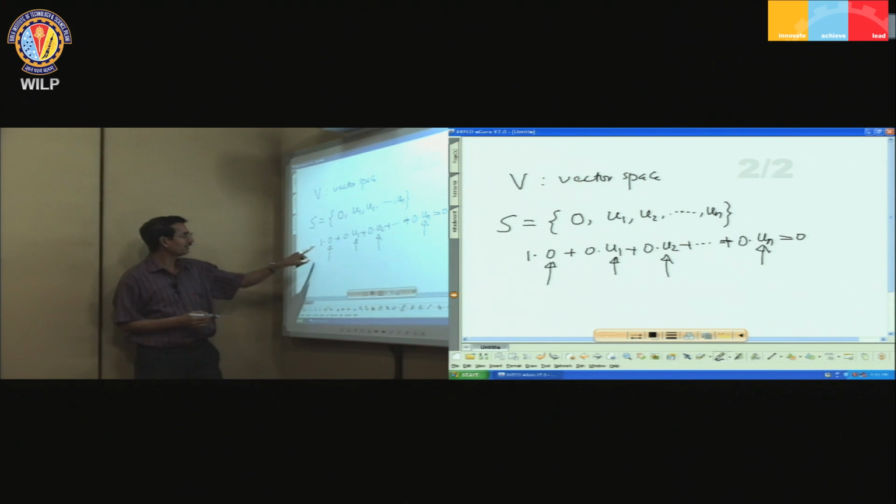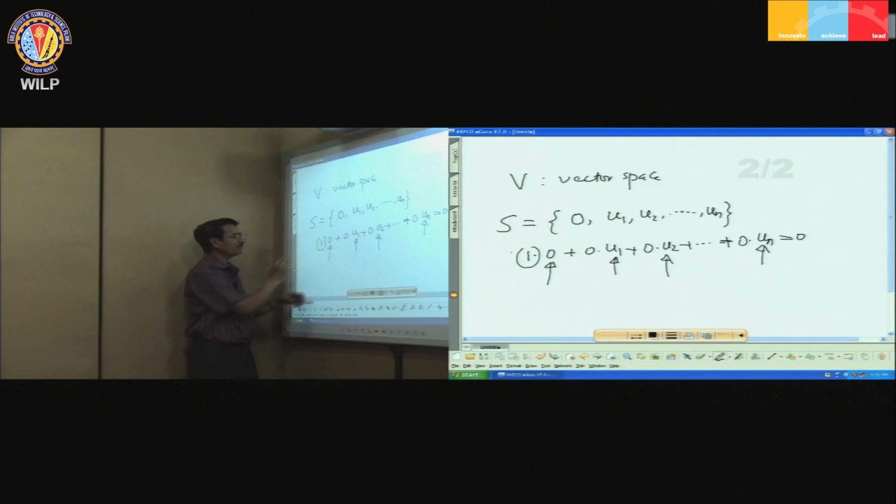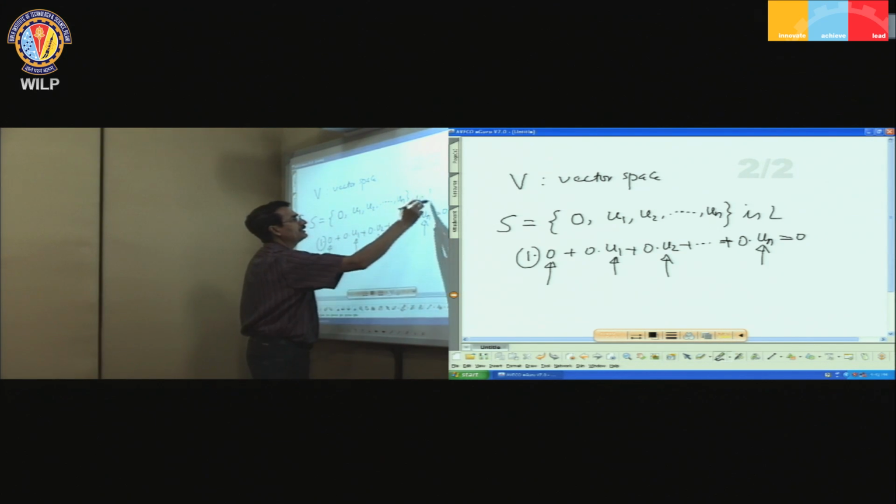So there is one scalar, this one, which is different from 0. So 1, 0, 0, 0 is a solution. There is one Ci which is different from 0. Therefore, this set S is linearly dependent.